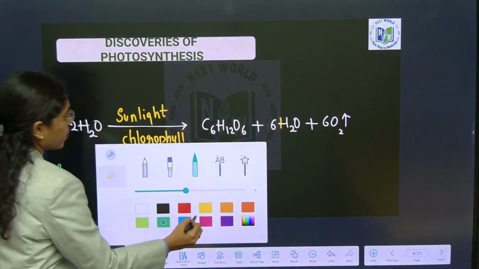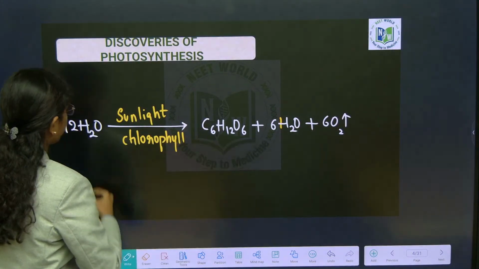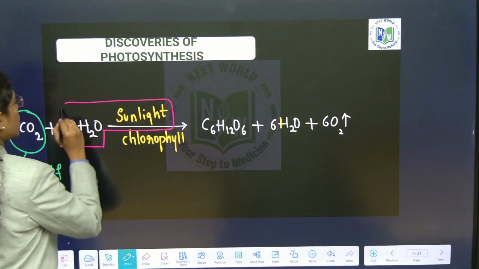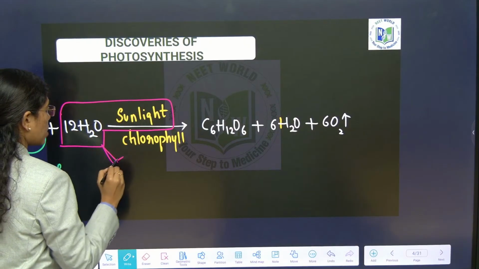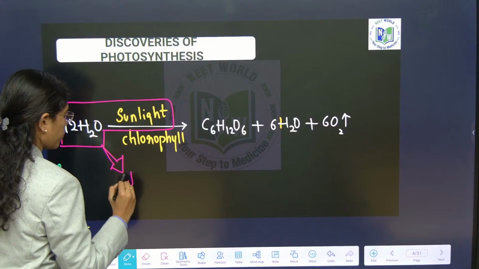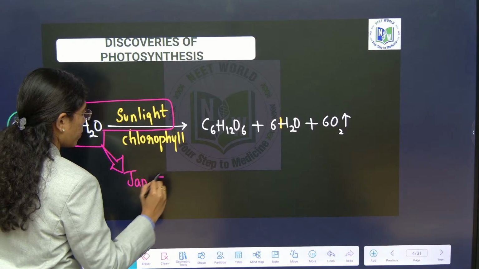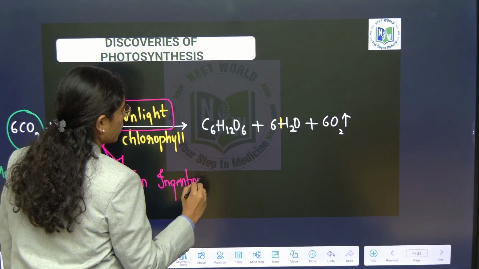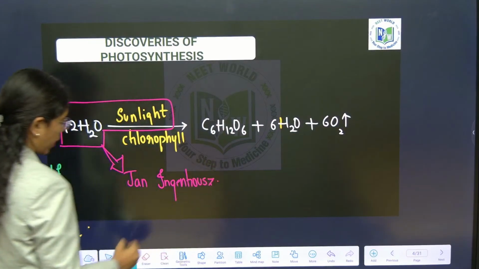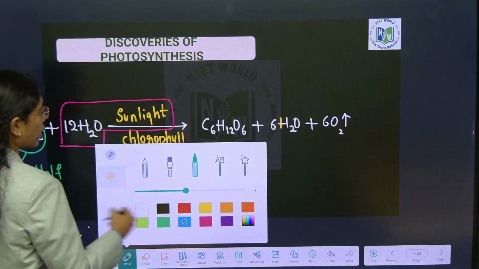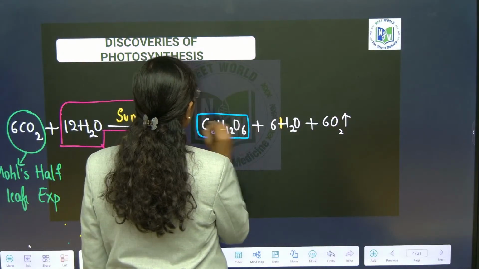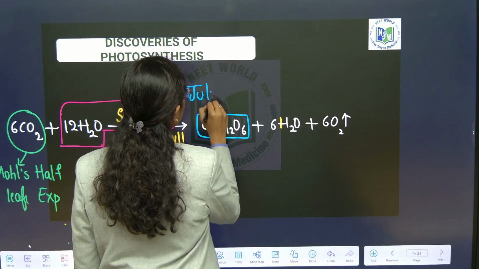Second, sunlight is essential, is said by Jan Ingenhousz. Fine. Glucose is the product of photosynthesis. This is said by Julius von Sachs.